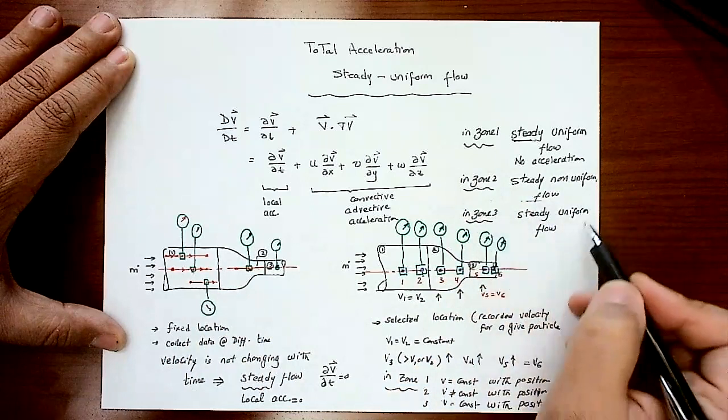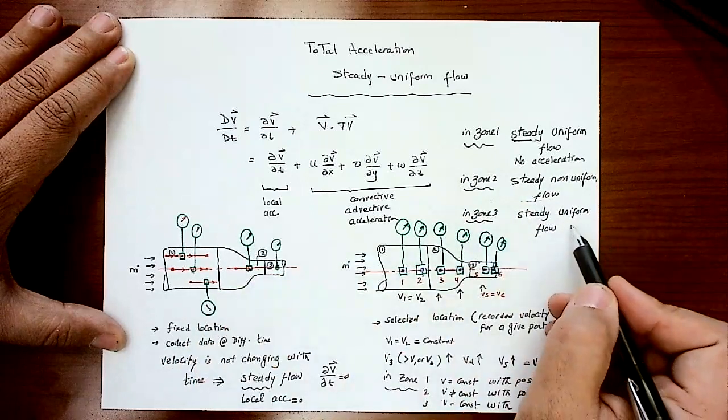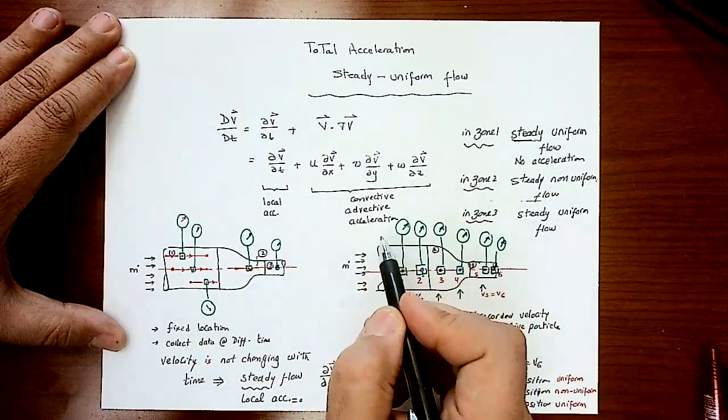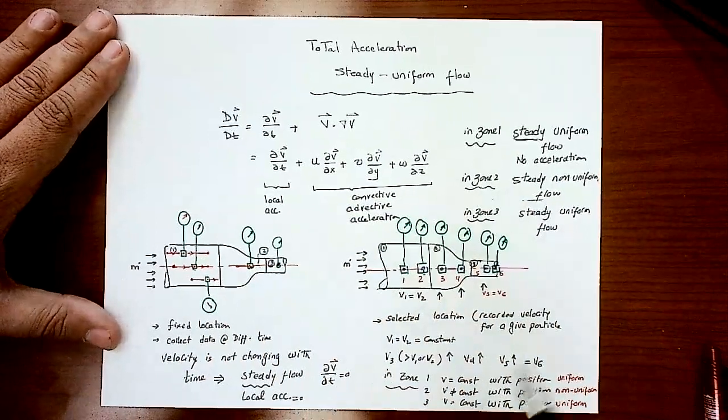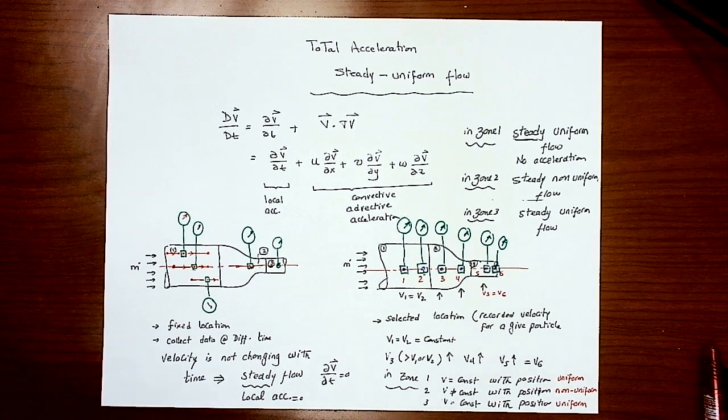When I go to zone number 3, I'm back to steady, local acceleration is gone, and I come back to uniform, so the convective or advective acceleration is gone. I hope that explained the difference between steady flow and uniform flow, the impact of each term on the total acceleration, and how you can understand the combination of steady or unsteady with uniform or non-uniform flow, depending on the flow geometry.